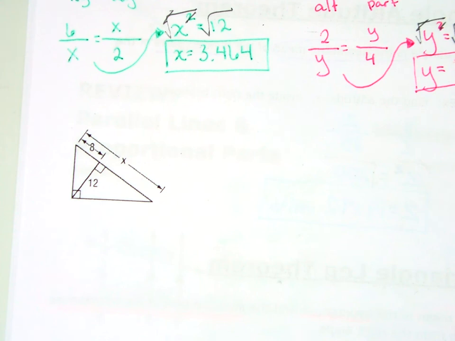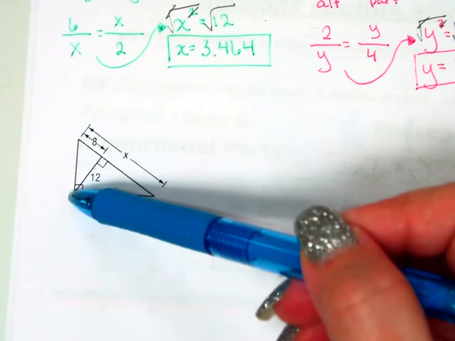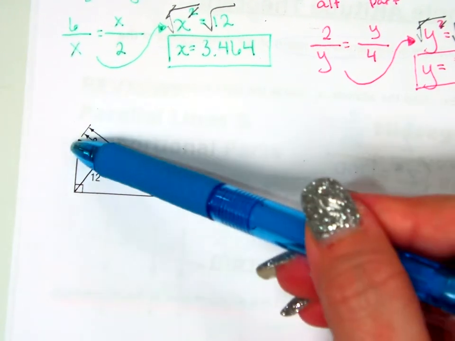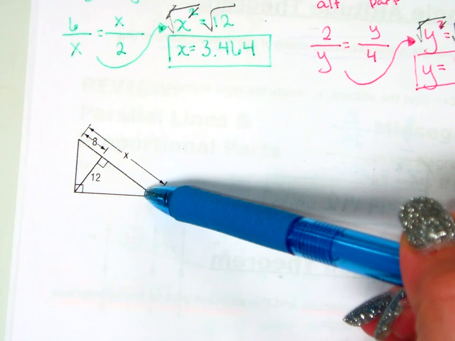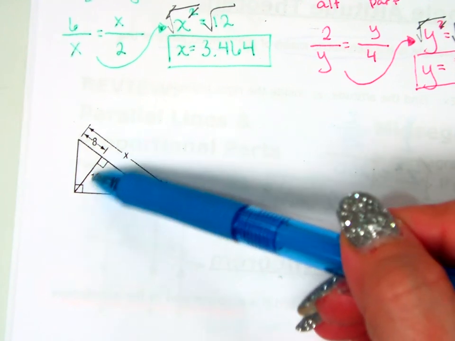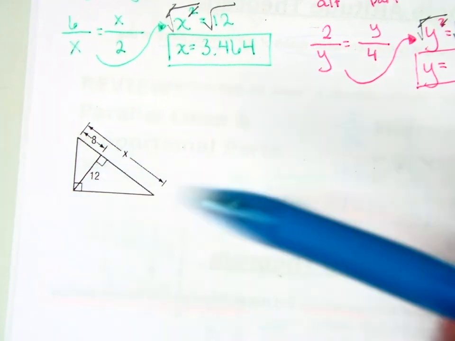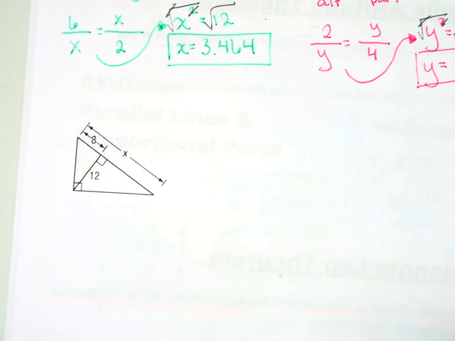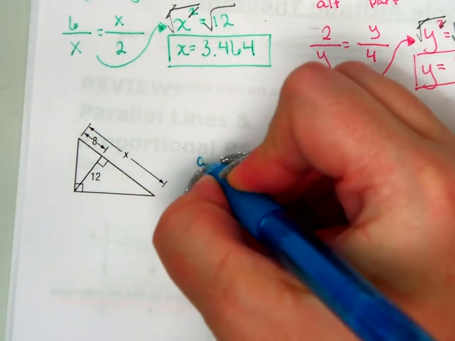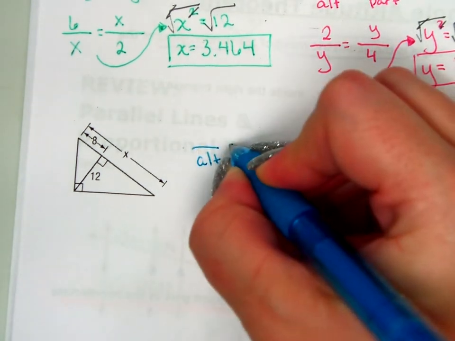So do I care about either of the legs? Have I given the legs, and do I need to find the legs? Do I know anything about the legs? I don't know how long either leg is. I'm not trying to find how long either leg is. But I do know how long the altitude is. So this is going to be the altitude theorem.